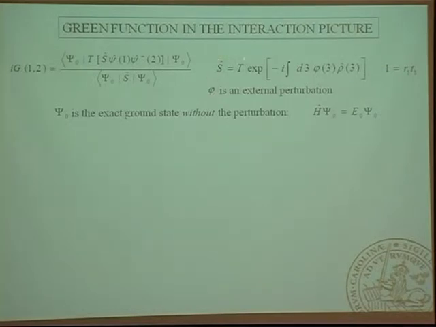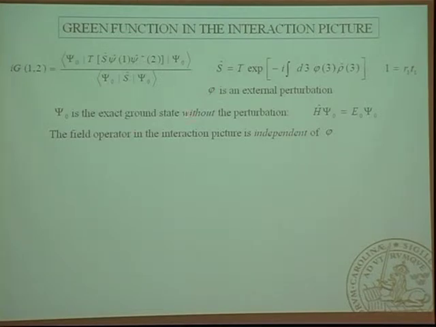So this quantity S here is essentially just a time development operator, from -infinity to infinity in time. And we can write the Green's function in this way. The field operator here in the interaction picture is independent of the field. This is an important point, because we are going to take a functional derivative of this quantity with respect to the applied field.